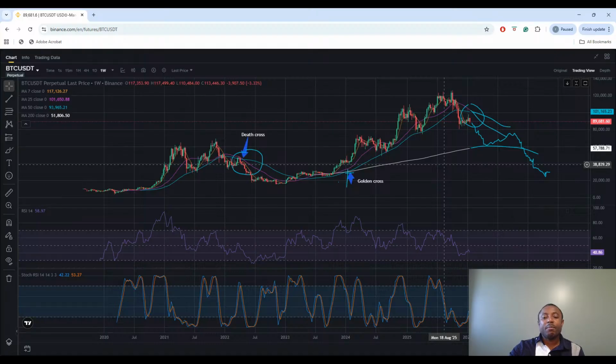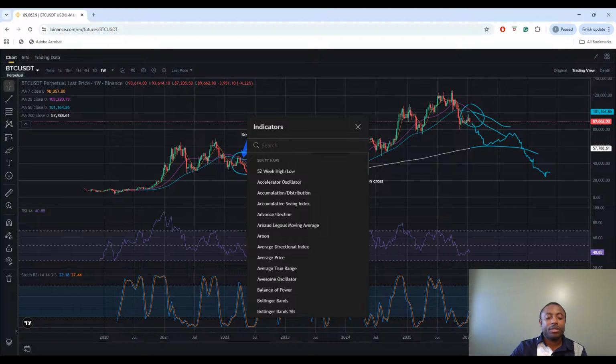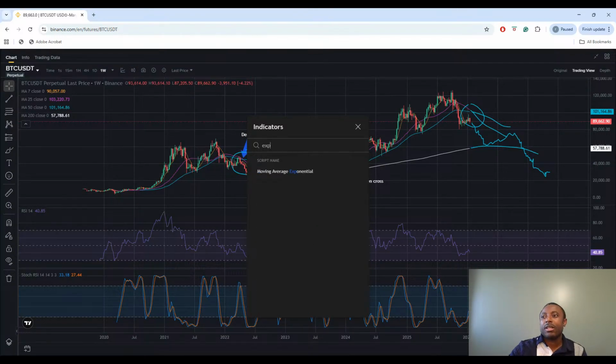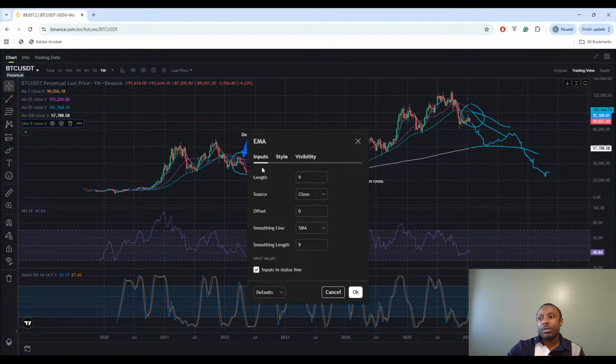But if we want it to reflect more recent price change, then we can use what we call the exponential moving average. So if you go on the technical, you can just say the exponential moving average. Then we can change to the 200 exponential moving average.